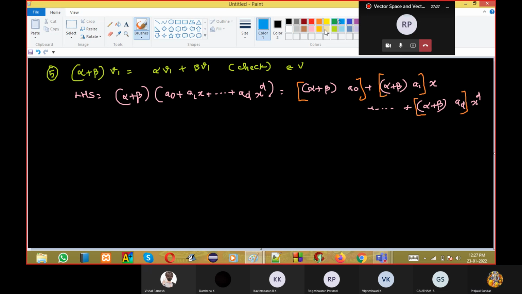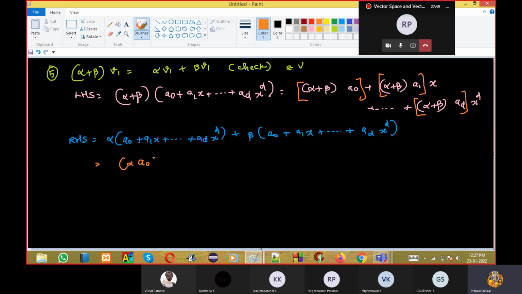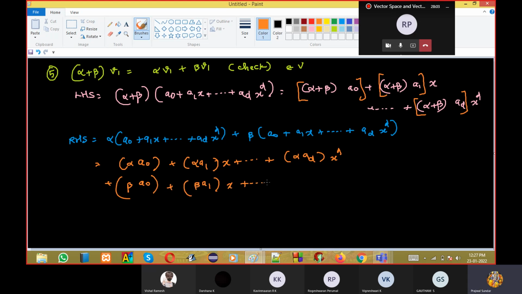And if we take the RHS, it will be alpha v1 plus beta v1. If you expand it, you will get alpha into a0 plus alpha a1 x till alpha ad x power d, plus beta a0 plus beta a1 times x till beta ad times x power d.